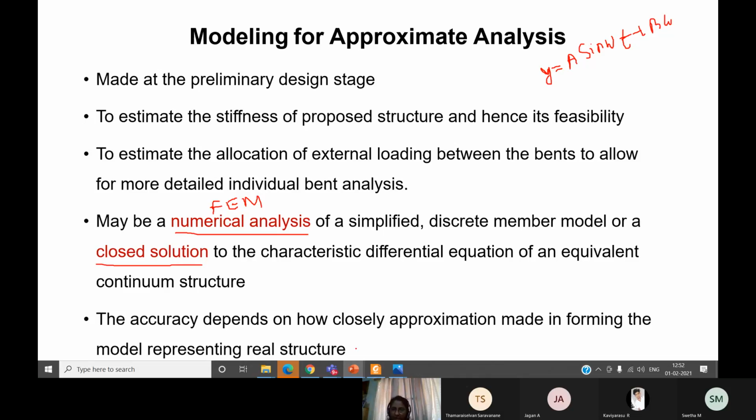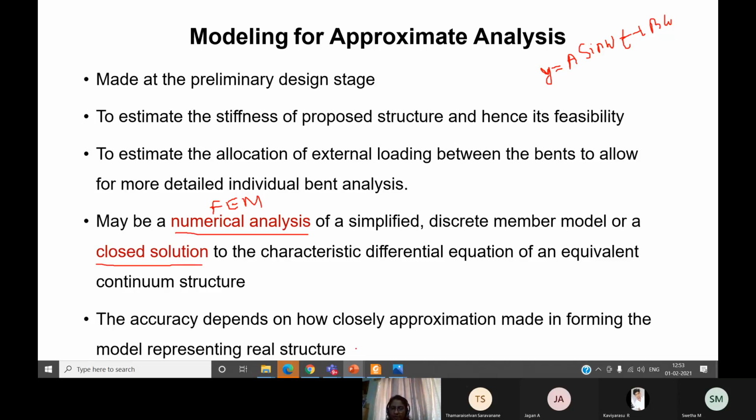You get all the forces, you refine it, you complete it, and only then do you go to the site and do the construction. No structure is constructed directly once the plan is drawn. You have to do a model analysis and an approximate analysis before you start the construction.